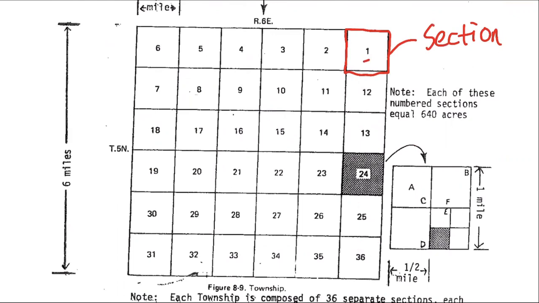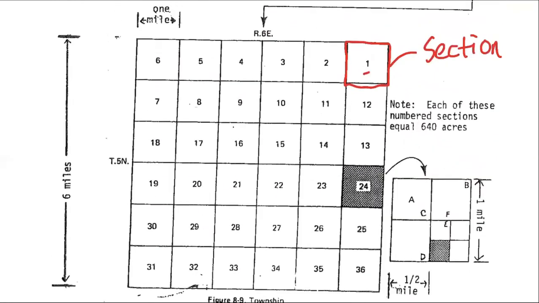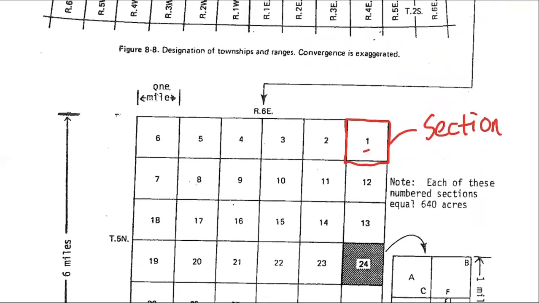There are going to be some questions in the practice that ask you to think outside the box, literally. Say you are in section 8. What if you went 2 sections north? Now you're off in some other township, and what would you be? Well, it goes 8, 5, and then what would this one be?